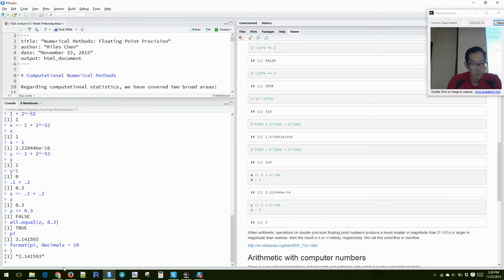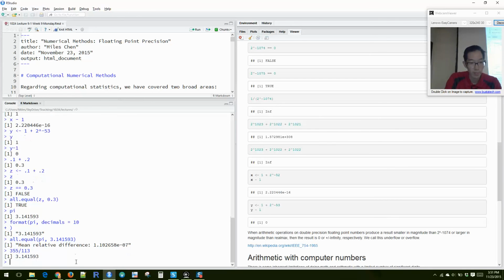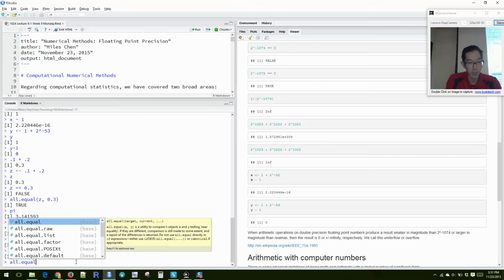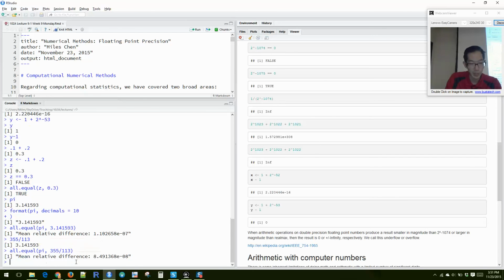Okay, but I can ask, is all equal pi and 3.141593? So this will say they're not equal. There's a small difference here. Okay, let me see. Is all.equal pi and 355 divided by 113? So that's an even smaller difference.